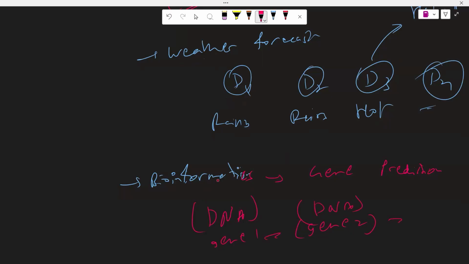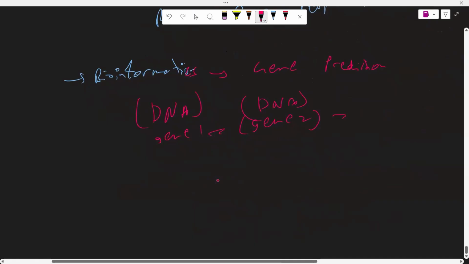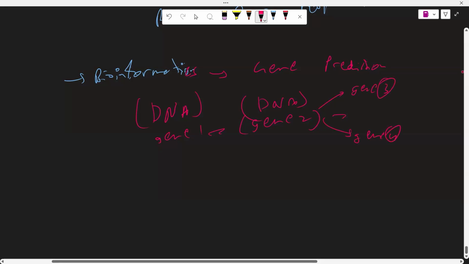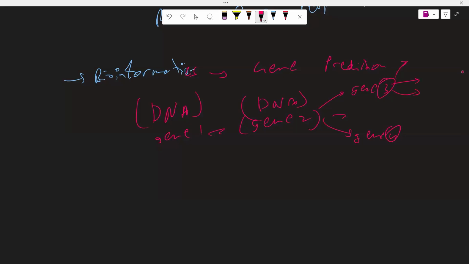And now for the history of a family, you can see that for the most senior person, you have gene one. Then for the next person, you have gene two. And this gene two is giving birth to, let's say, two children, gene 3 and gene 4. And let's say this is giving birth to three children, something like here.